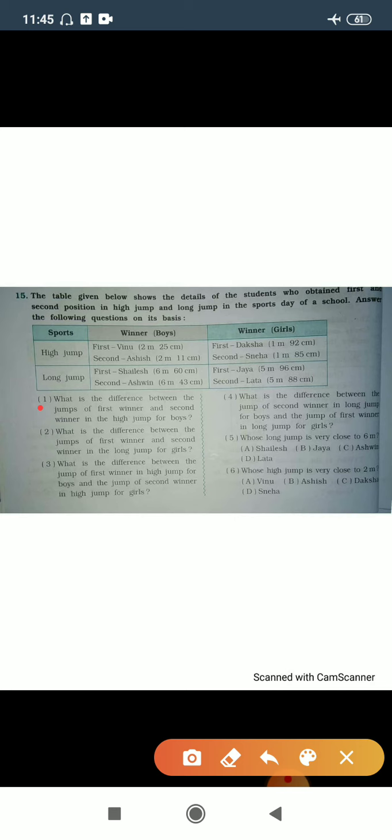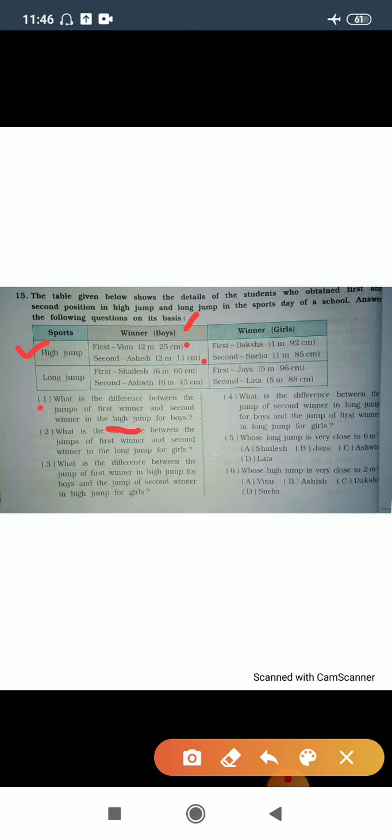So students, here we need to concentrate on the words given in the question. In the first question we can observe high jump, that means the first row. For boys, that means we need to concentrate on the second column, and we need to find the difference between first winner and second winner, that means Vinu and Ashish.